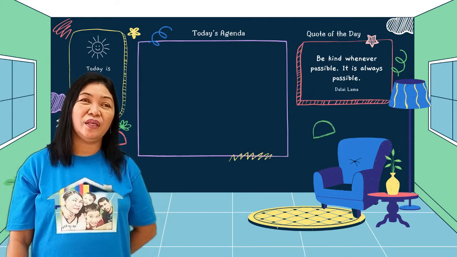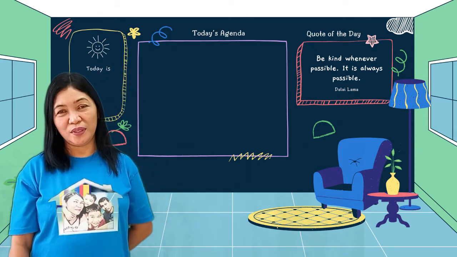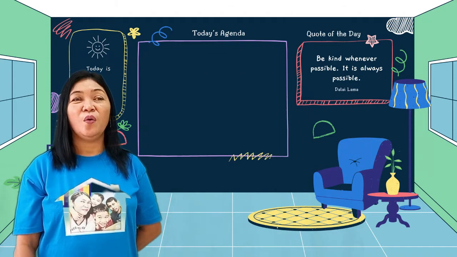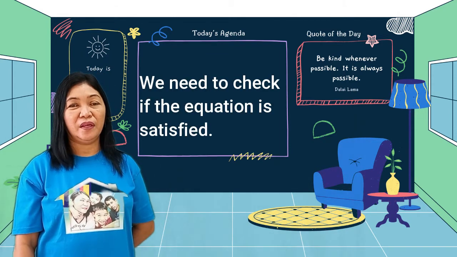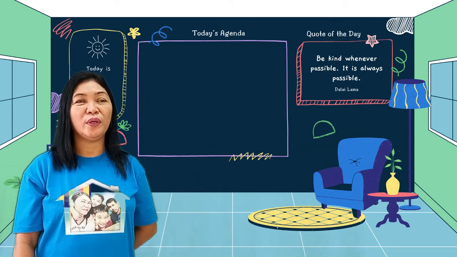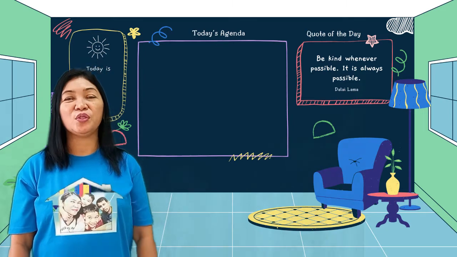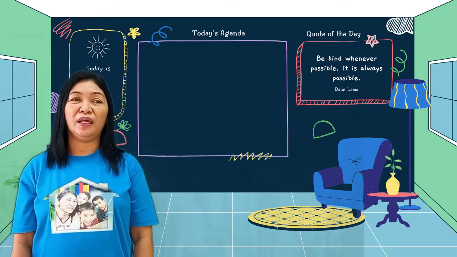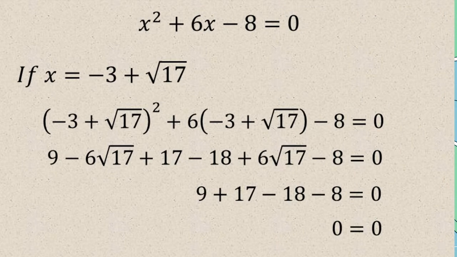How sure are we that those values are the solutions to the given quadratic equation? We need to check if the equation is satisfied. To check, we always use the original equation. The original equation is the given equation. Let's replace x by negative 3 plus square root of 17.